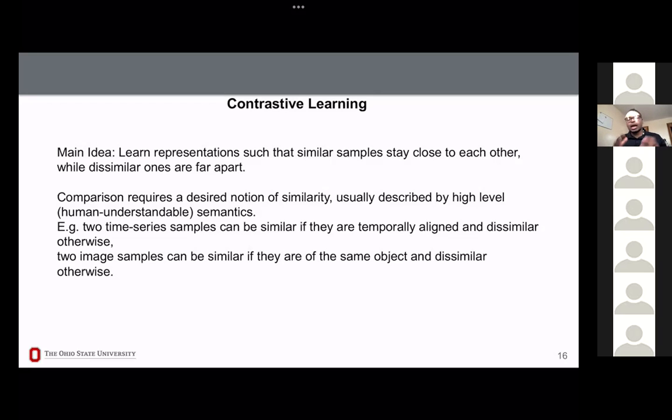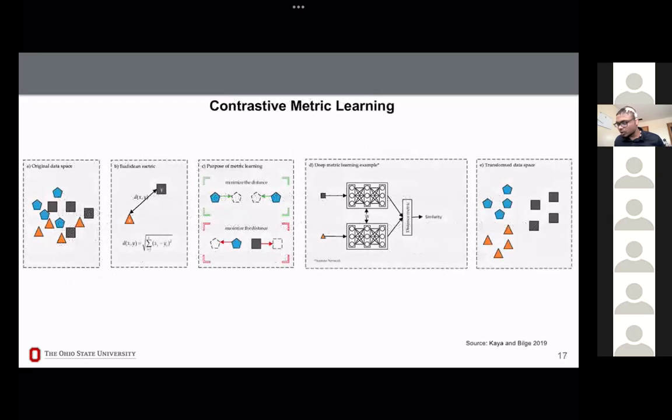So basically, if the patch did not come from the exact same image, it does not matter whether it's a dog or a cat, it is dissimilar. If it came from the exact same image, it is similar to it. So there can be several ways to formulate this, and we'll talk about some from here on.